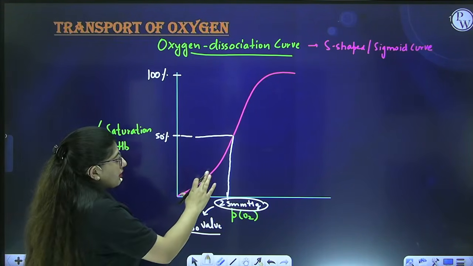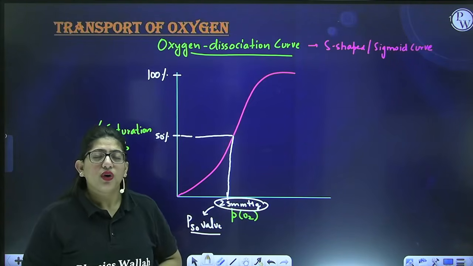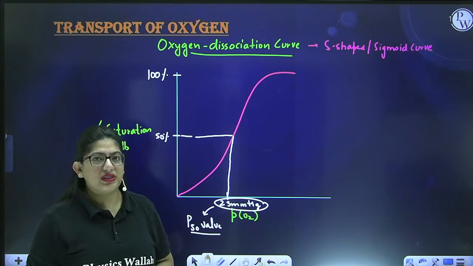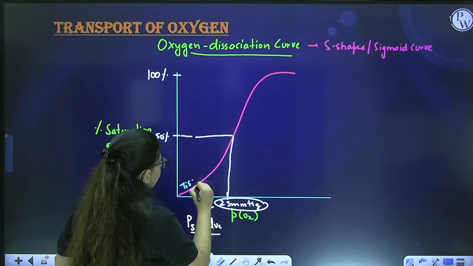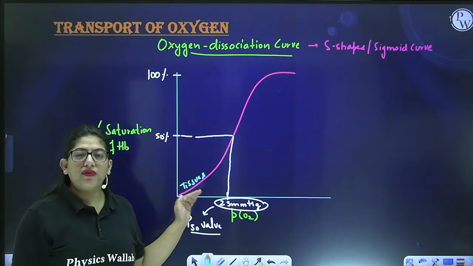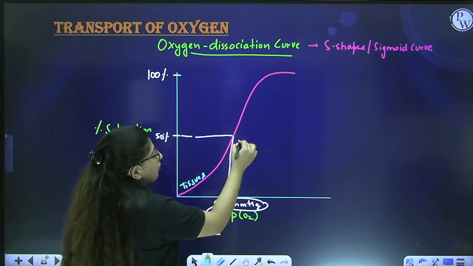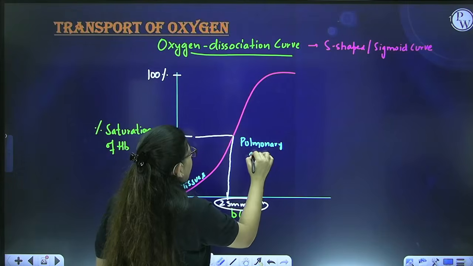So here you can see the partial pressure is low and saturation is not completely done. What do you think? Where does this happen? This happens in your tissues. So this is the place where in tissues partial pressure of oxygen is less and this type of a graph is formed. And this where around 50% saturation has taken place is usually in your pulmonary artery.